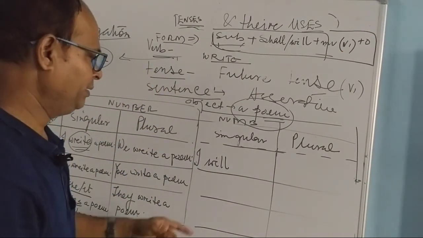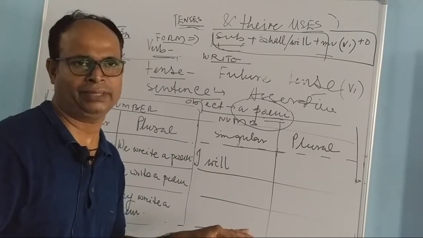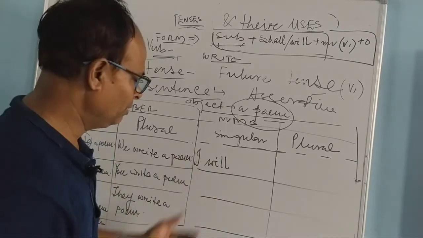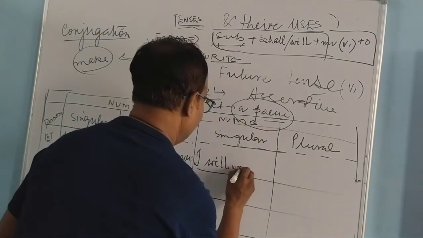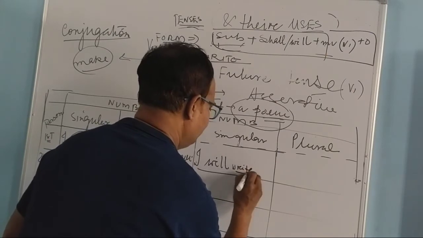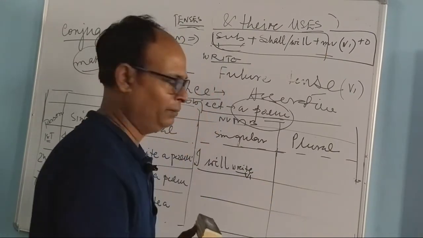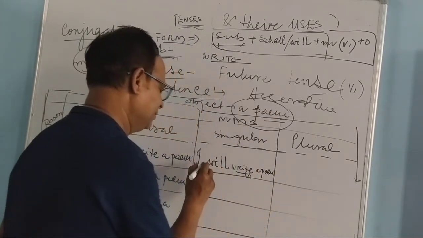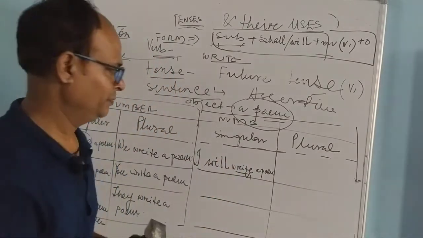Earlier, my dear children, in place of will, shall was used. Now, it is quite normal that I can take will. I will, then the main verb in the first form, a poem. Therefore, the sentence is: I will write a poem.